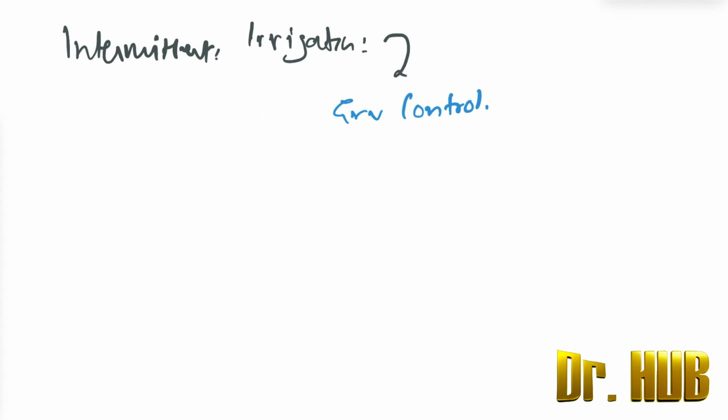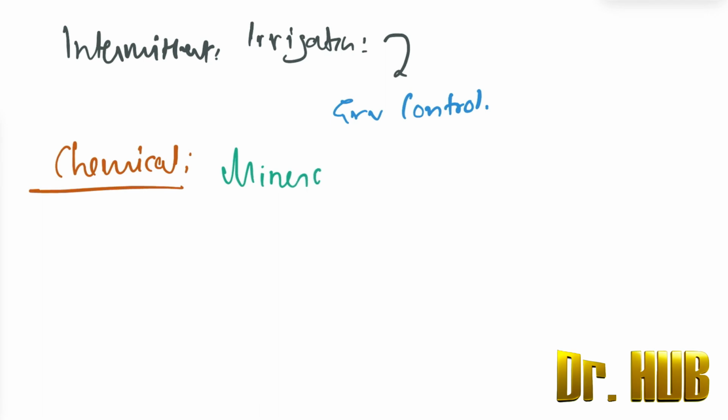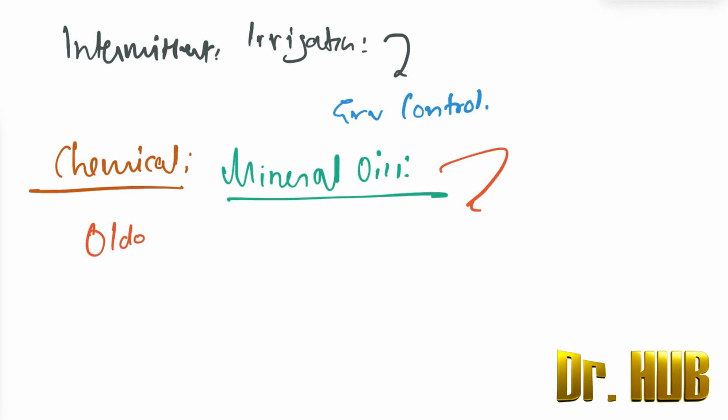Then comes chemical control. Under chemical control, it includes the mineral oils. Mineral oil is basically the oldest known larvicidal method.